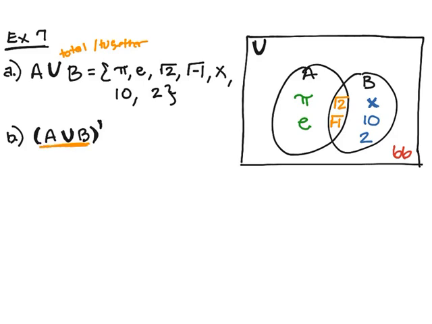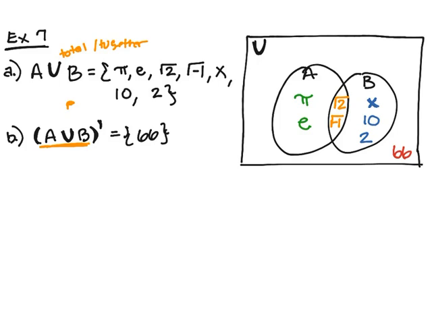A union B. Ain't that this up here? So you already got it written, so I'm trying to show you, make sure you're watchful, so you don't have to write it again. That is A union B. So if I'm telling you to do the complement of that, meaning don't what? Include A union B. So that just leaves who? 66. Very good. Just leaves 66.